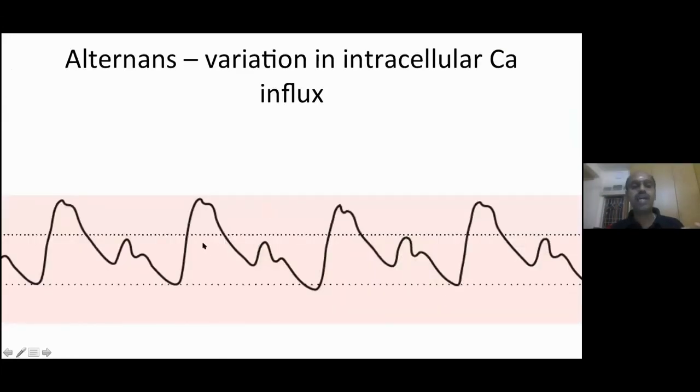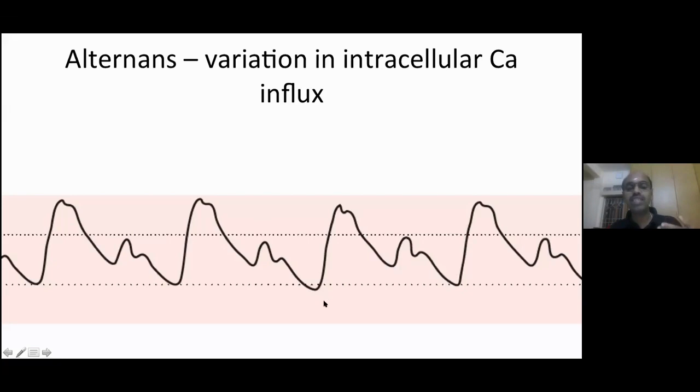Alternans is a feature wherein every alternate beat is weaker and stronger. The reason is alteration in the intracellular calcium influx. So one beat is very powerful. The calcium that has been extruded from the endoplasmic reticulum into the sarcolemma is not being taken up adequately, and hence the next cardiac cycle does not have an adequate amount of calcium influx, and that is resulting in a lower contractility.